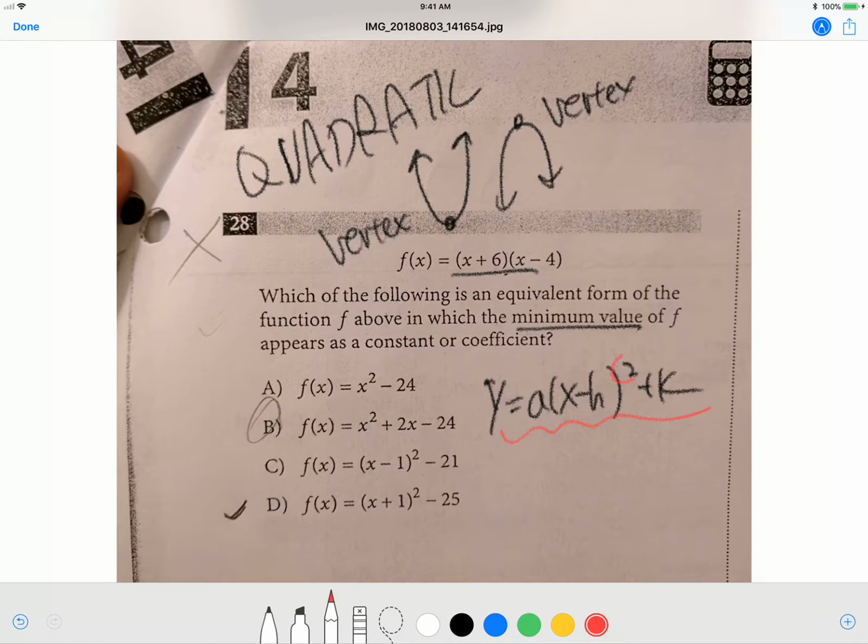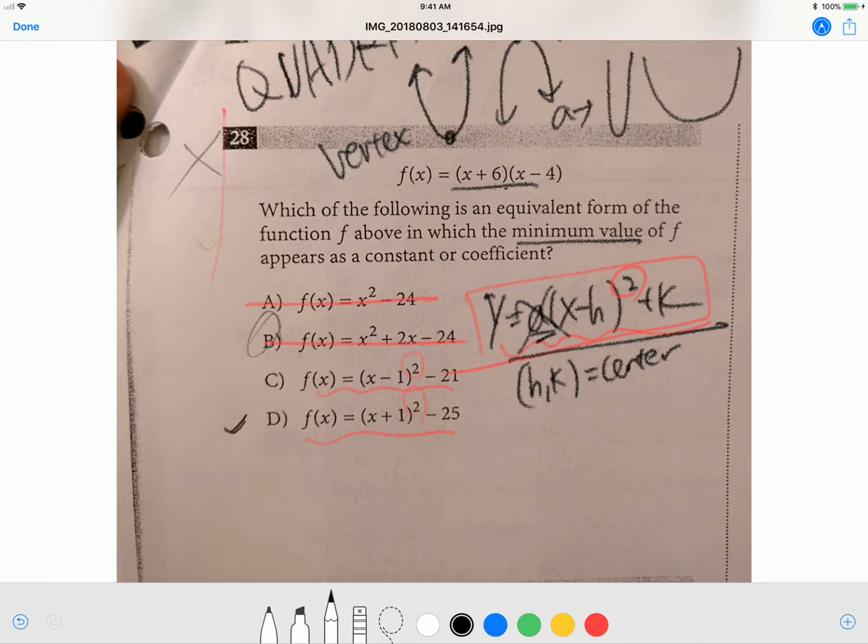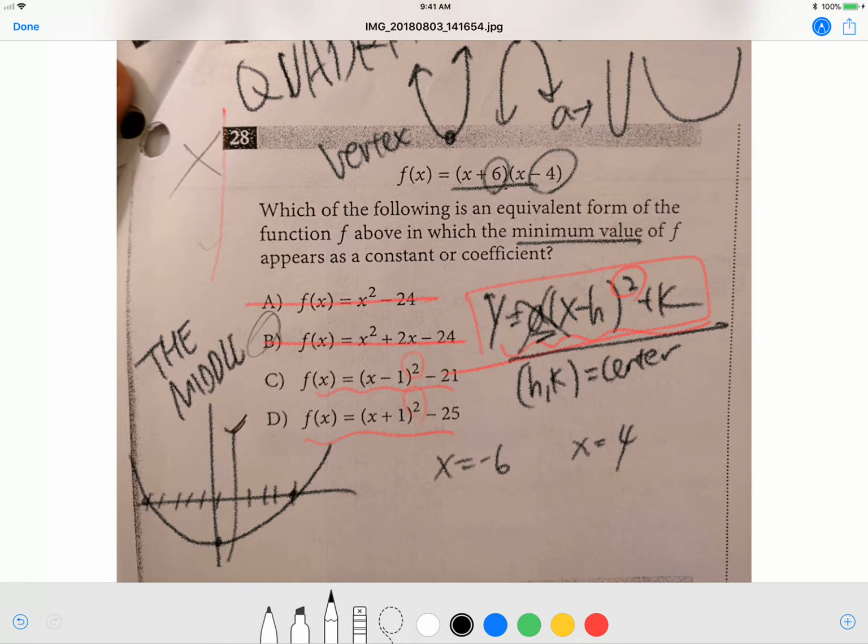Answer choice C and D look like what we call a vertex form. I see something squared. So then what am I going to do? I am going to take a look at these zeros, which are at x equals -6 and x equals +4. Now remember, in a quadratic, if one zero is at 4 and another zero is at -6, the vertex happens in the middle, exactly in the middle of those two x values.